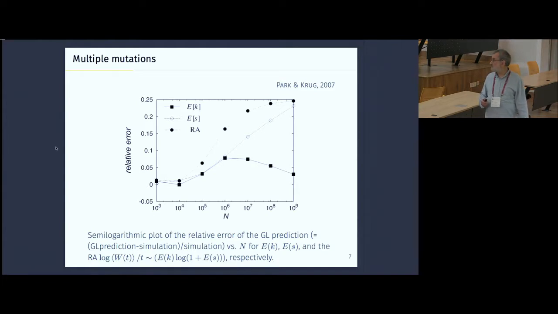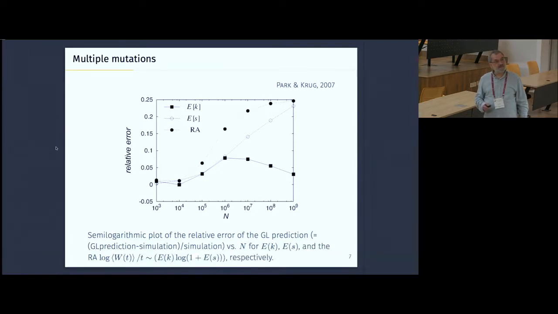E[K], which is the expected number of fixation events, then the expected value of the fitness increment, and this is the rate of adaptation that I told you before, which is essentially given by that formula, E[K] times log of 1 plus E[s].